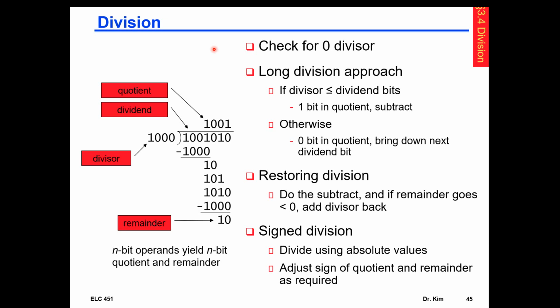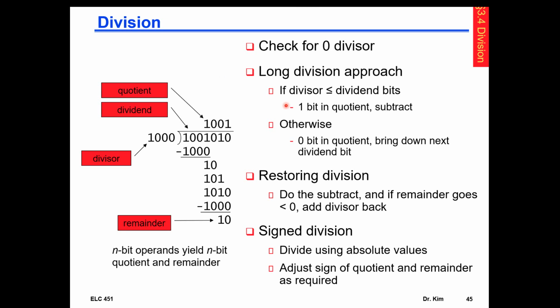So the algorithm, just like the algorithm of the serial or multi-cycle multiplication, reflects the type of multiplication that you would do on paper. This type of division and the algorithm reflects what you would do on paper, the long division approach.